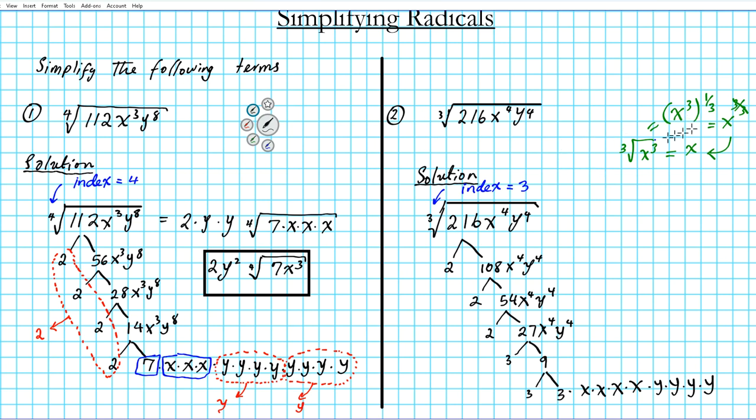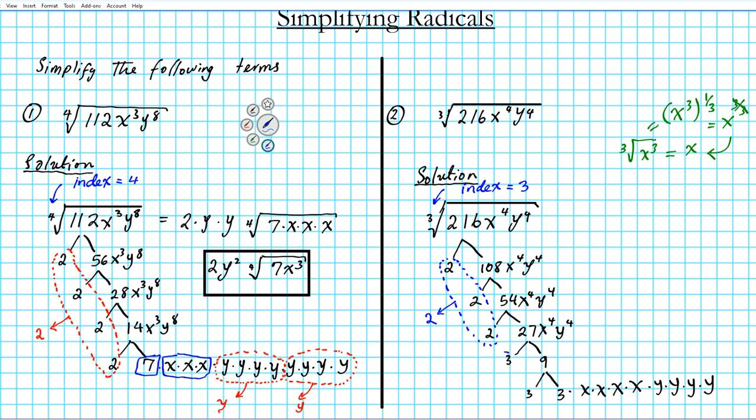Remember the index is 3, so we're looking for groups of 3 repetitions in any identical factor. For the 2's, notice we have 1, 2, 3. That's 2 to the third power, or 8. The cube root of that is just 2. So this will break out as a 2 of the radical. And then we have 3 3's here, so that's another power of 3.